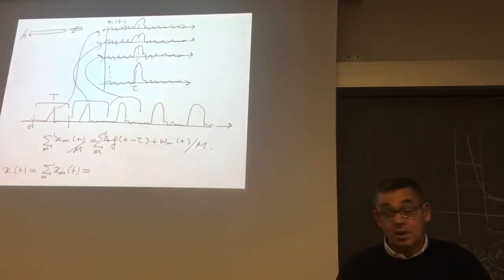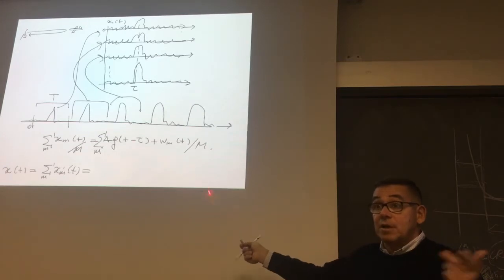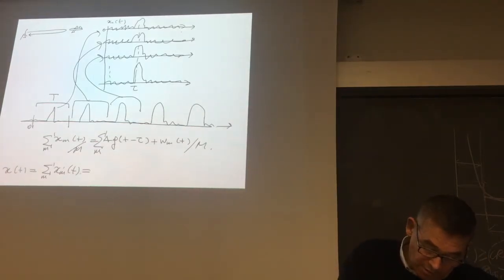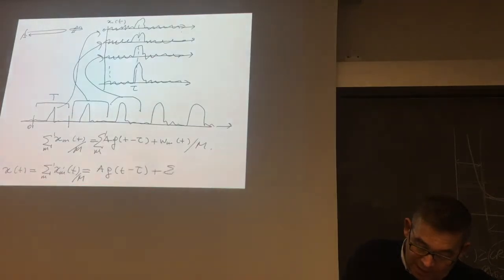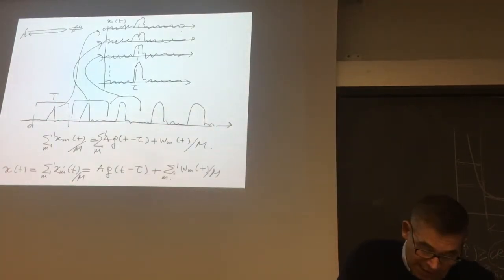The term on the left is the same every time, so summing and dividing by N gives g(t minus tau) plus the sum of w_n(t) divided by N. Now I have a signal plus noise.